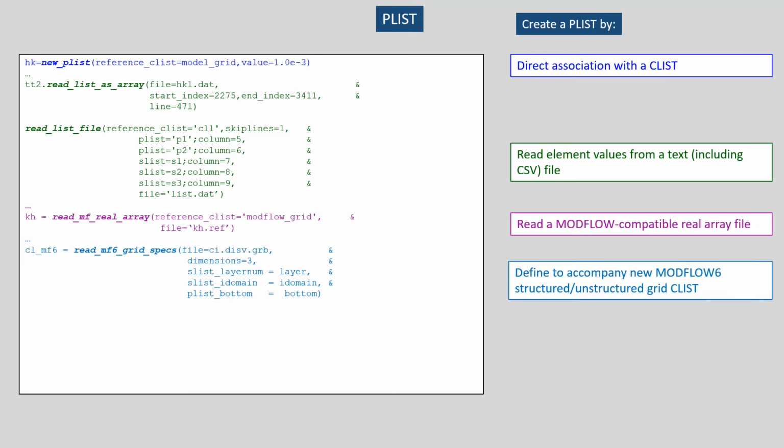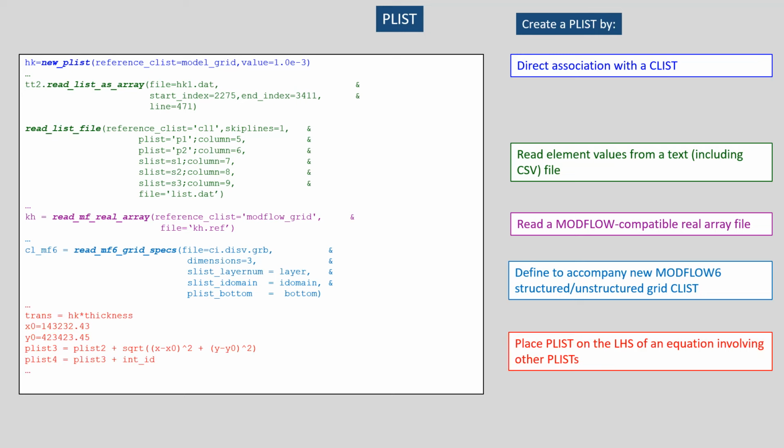If a CList is created using this special function call that allows reading of a ModFlow 6 binary grid file, then the elements of a plist are created automatically containing the cell bottoms, the elevations of the cell bottoms. Plists can feature in equations. If a plist is featured on the left side of an equation and it doesn't exist before, it is defined through implementation of that equation.